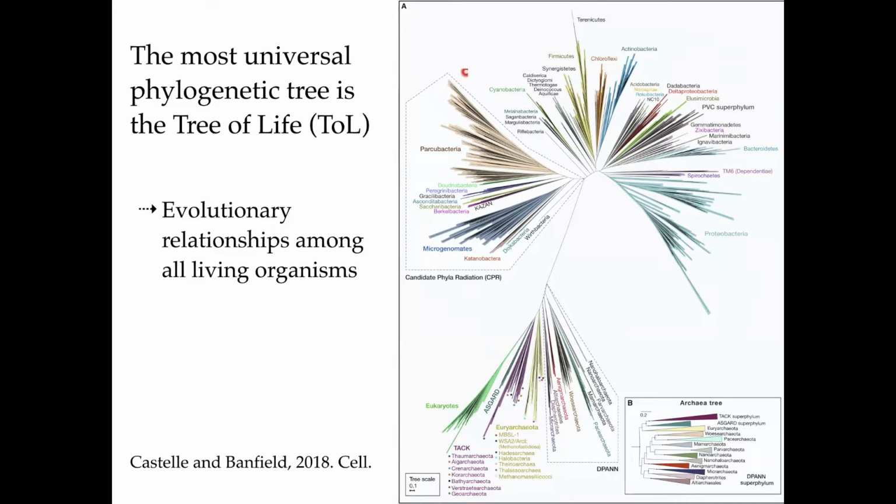Up here we have all bacteria, then we have eukaryotes down here, and then archaea. This tree was proposed by Laura Hug in 2016, and then later was updated by Castelle and Banfield in 2018 by adding this new group of archaea here. So that is how all life on Earth living today is related to each other.